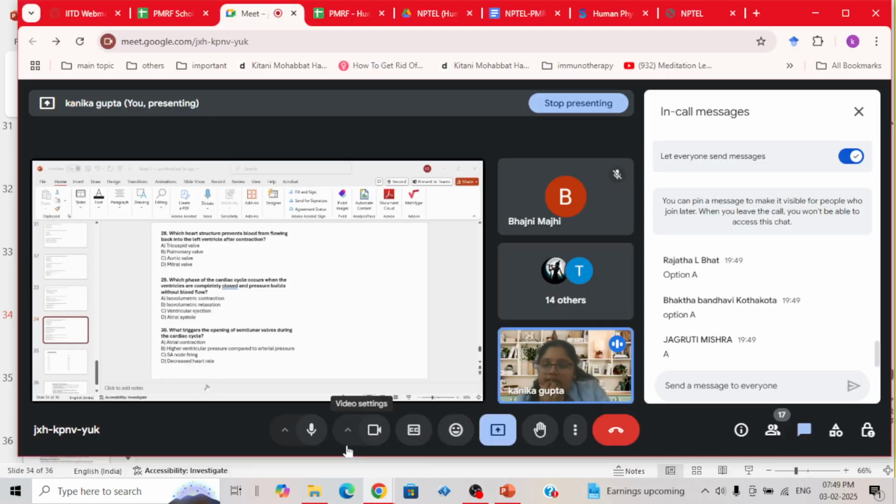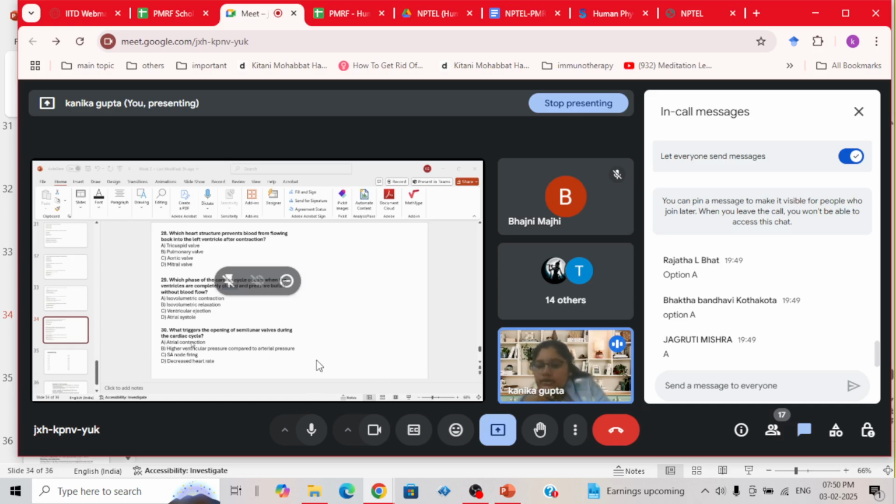Yes, it is isovolumetric contraction. This is that condition in which contraction is happening in the ventricles, so the pressure is increasing inside the ventricle. And the ventricles are completely closed because the bicuspid valves are also closed and the semilunar valves are also closed. So pressure is building inside the ventricles.